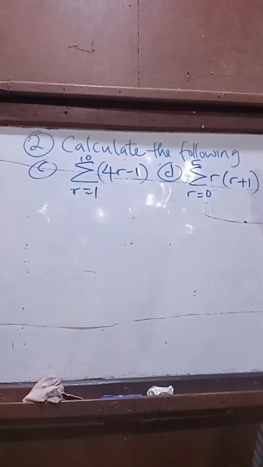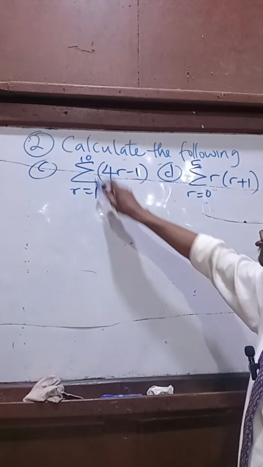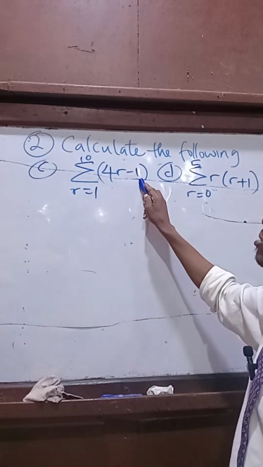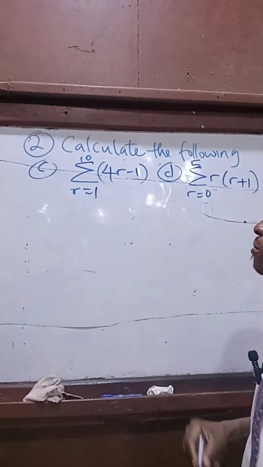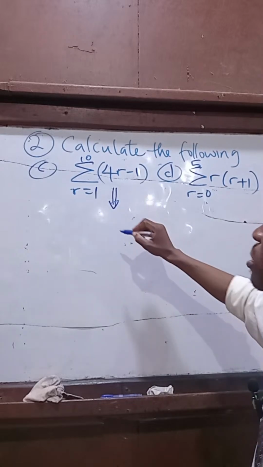Calculate the following: the summation from r equal to 1 to 10 of the expression 4r minus 1. The first thing to do is to interpret this.